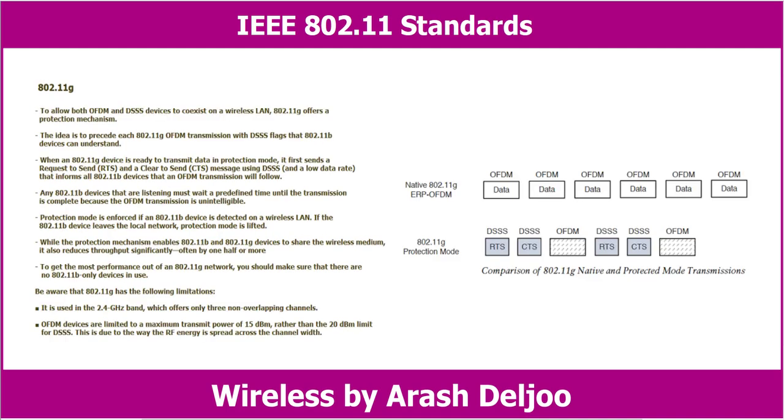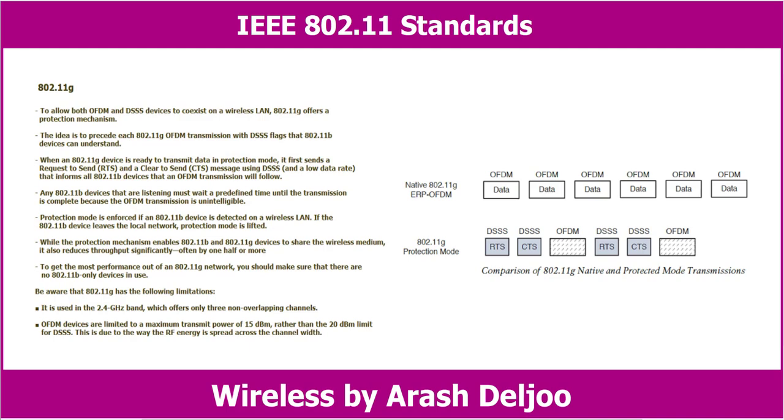To allow both OFDM and DSSS devices to coexist on a wireless LAN, 802.11g offers a protection mechanism. The idea is to precede each 802.11g OFDM transmission with a DSSS flag that 802.11b devices can understand. This figure compares the basic sequence of events as data is transmitted in a native 802.11g OFDM network and when the 802.11g protection mechanism is enabled.